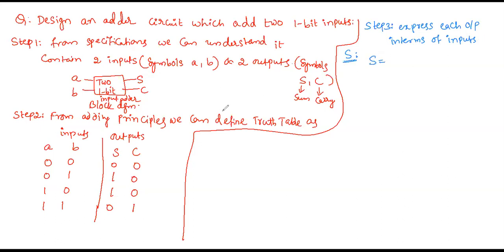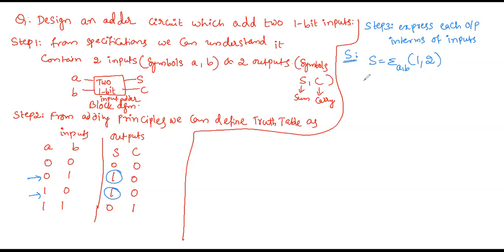S is equal to 1 wherever it is 1. When A is equal to 0, B is equal to 1, S is equal to 1; 0 1 is nothing but 1. Next, S is equal to 1 when A is equal to 1, B is equal to 0; 1 0 indicates 2. So we have the standard SOP form equation for S.